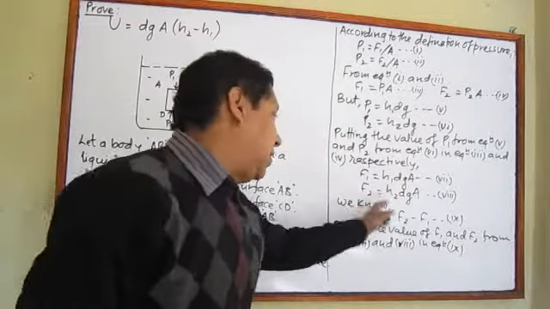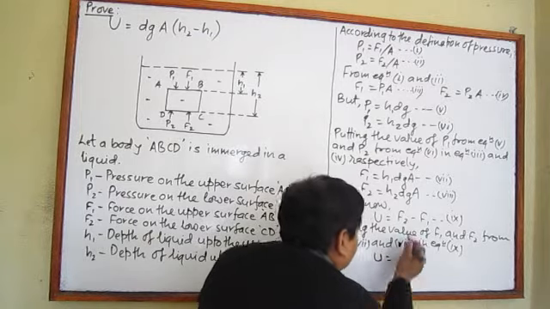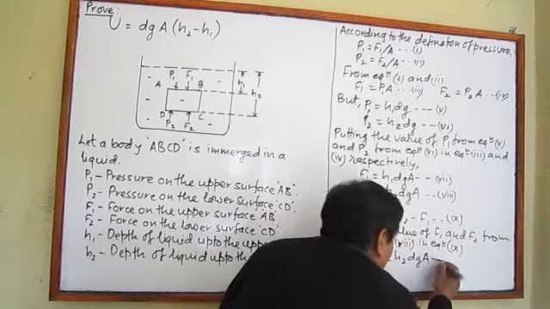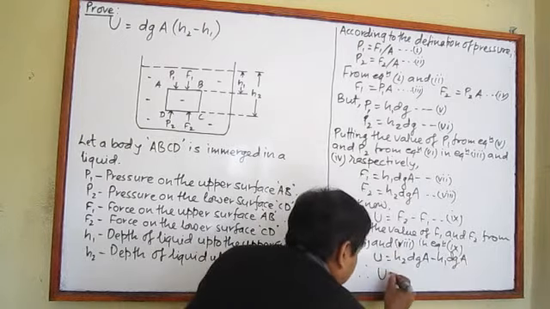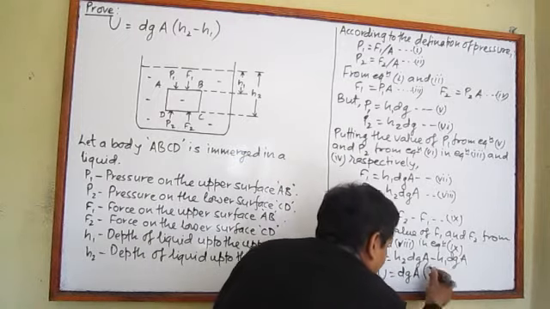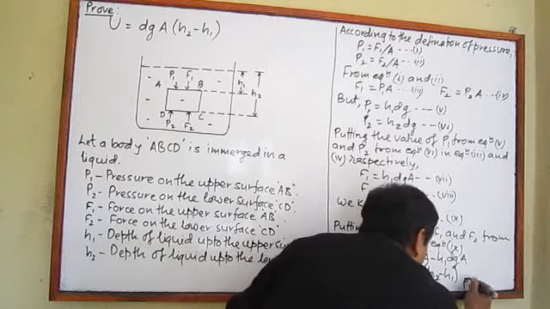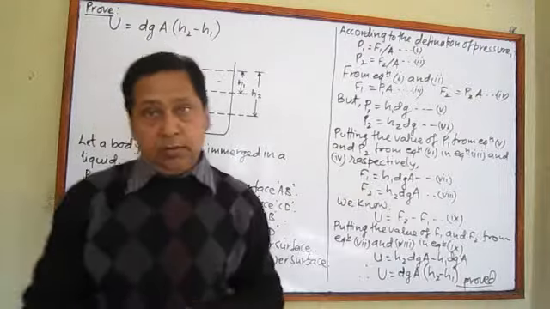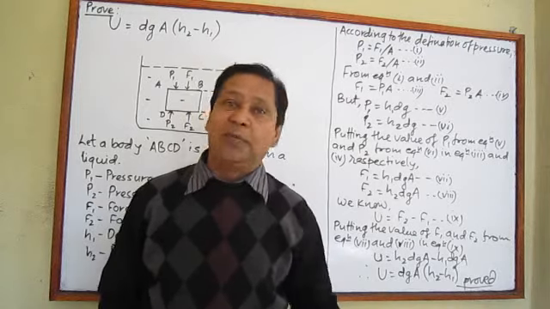In equation 9, if F1 and F2 are taken, then we can write U equal to, in place of F2, S2dgA, in place of F1, S1dgA. Therefore, upthrust is equal to dgA, which can be taken as common, and S2 minus S1 comes in bracket. This way we can prove. Proved. What is proved? U equal to dgA(S2 minus S1). This equation can be used to solve numerical problems.